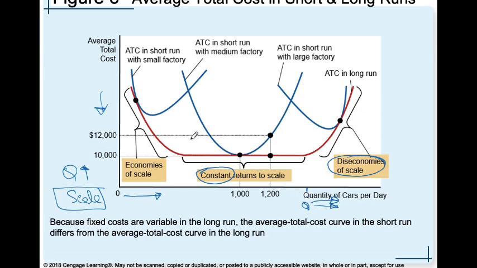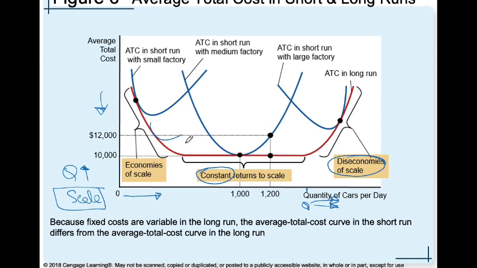Notice how the short run curves are lying on top of the long run curves. So basically, in the short run, firms are producing on the blue, or the short run, average cost curve, but in the long run, they can move this way.